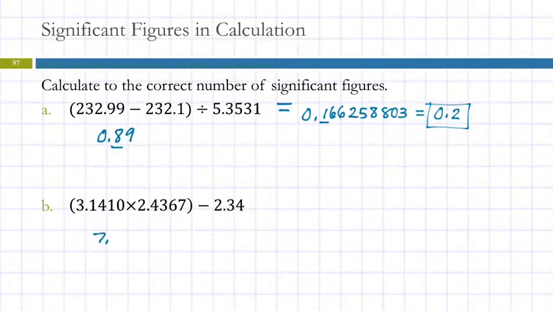So 7.6536747. And then from that number, I'm subtracting 2.34. It's kind of like 23, but then again, it really isn't. 5.3136747.